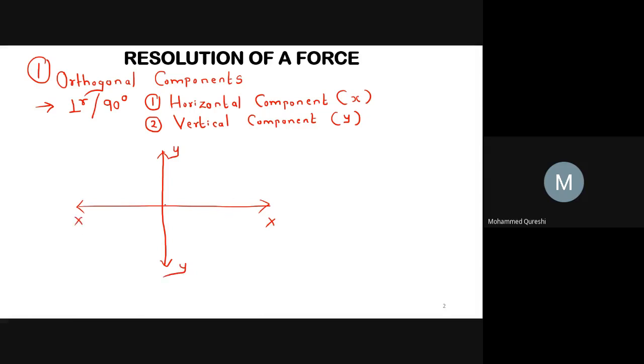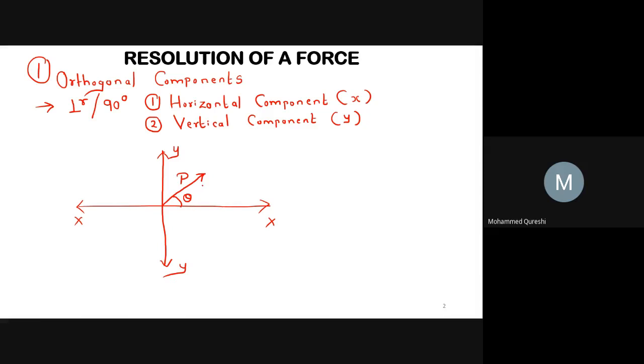First we will take the P force as a tensile force acting at an angle theta with the x direction. Remember one thing, whenever a force emerges from one point, it makes an angle theta with the x axis only.